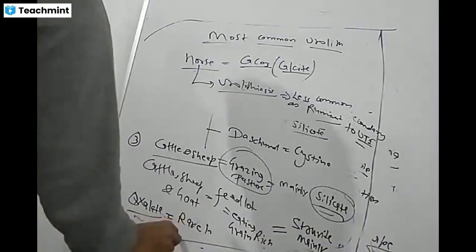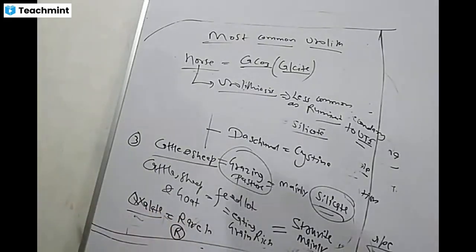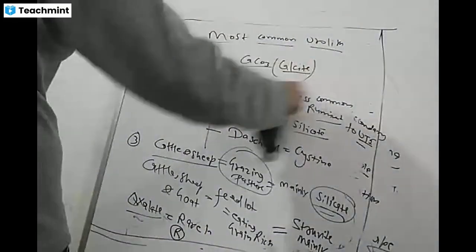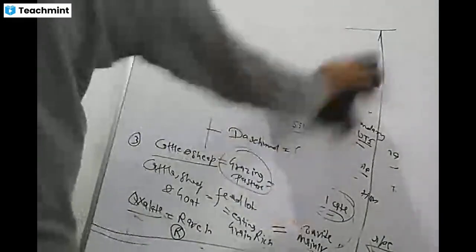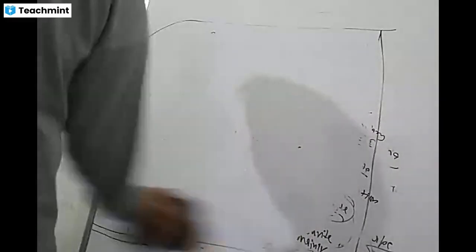In case of horses, these are calcium carbonate. The most stable form is the calcite. So these are the common uroliths present in different species.